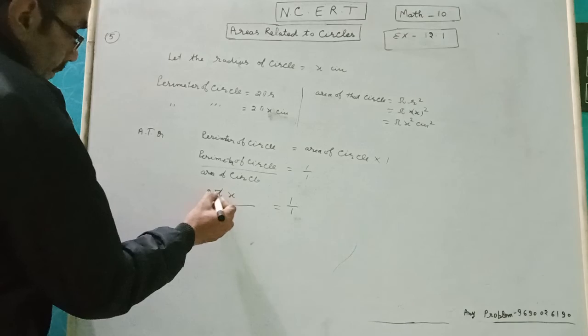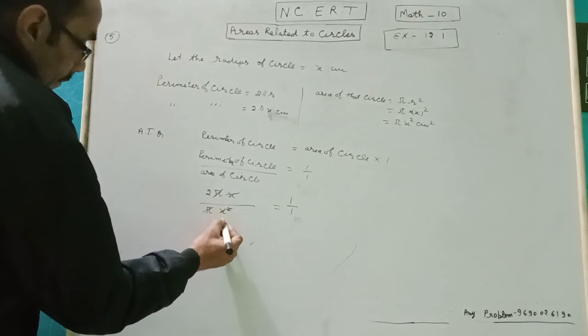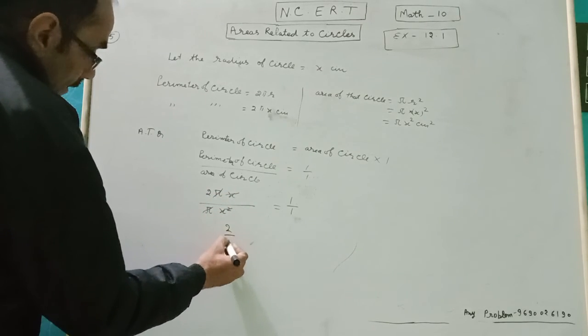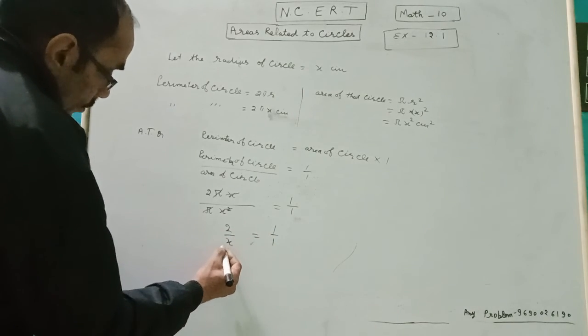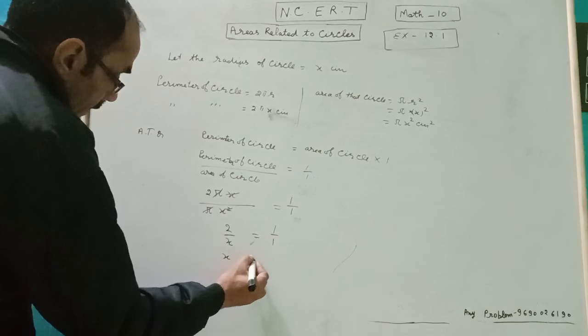Pi divided by pi, x divided by x square, gives 2 upon x equal to 1 upon 1. After cross multiplying, x is equal to 2.